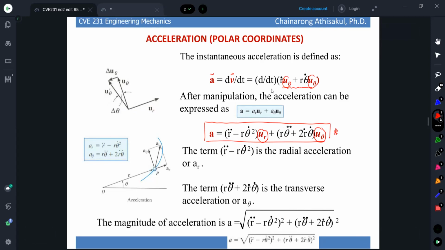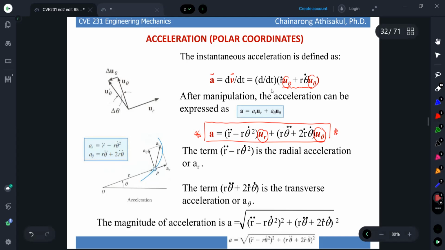We have to derive some terms, du_r by dt and du theta by dt. After we solve those terms with some manipulation, we find that the acceleration in the polar coordinate system is composed of two components, in the r direction and in the theta direction.